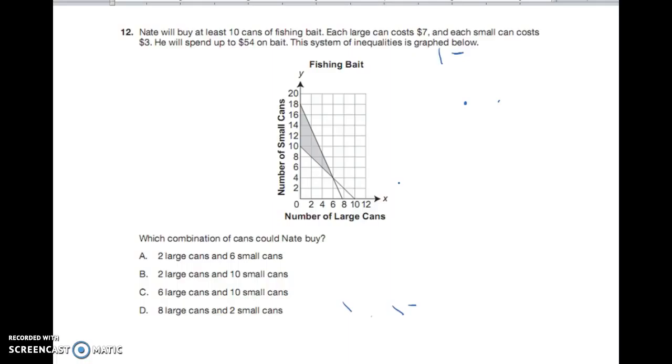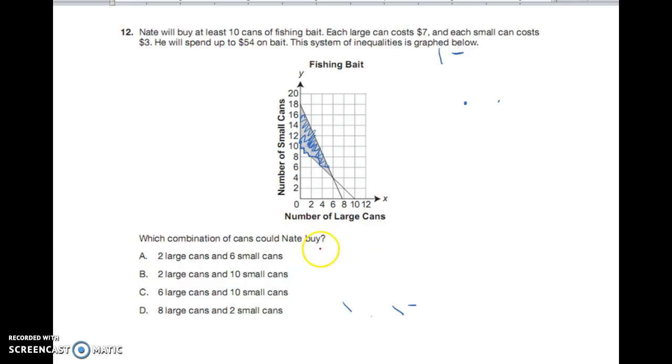This isn't as hard as it looks because everything that's in the shaded area is a solution. So if we have points that are in that solution area, then we know that Nate can buy that combination of cans. So large cans are our x value and small cans are our y value.